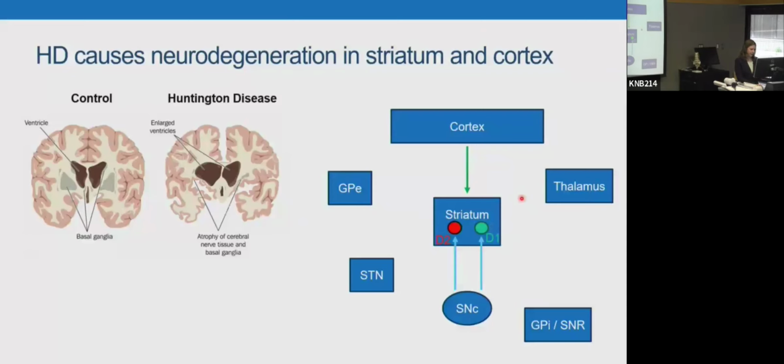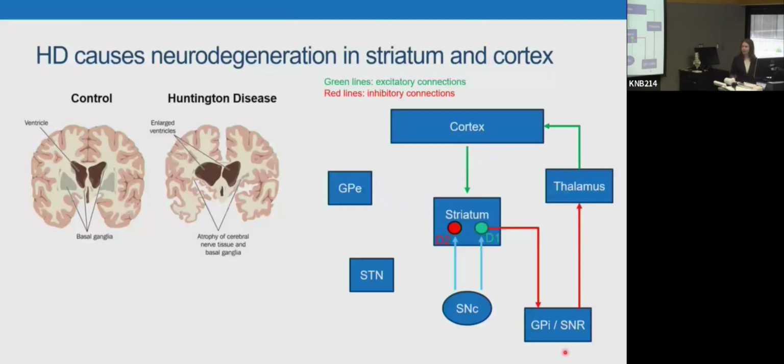And then the first pathway that I'll talk about is called the direct pathway. So the direct pathway signals through the D1 dopamine receptor neurons to a structure called the globus pallidus, as well as the substantia nigra reticulata, which then signals to the thalamus.